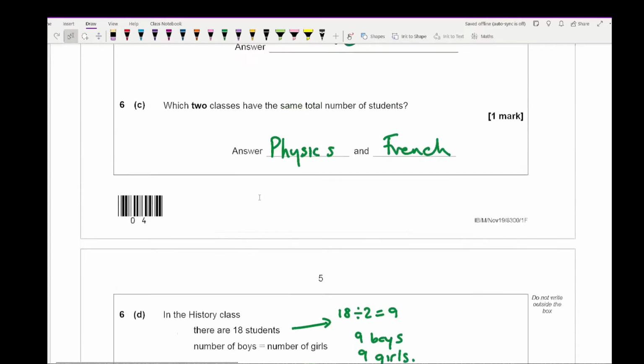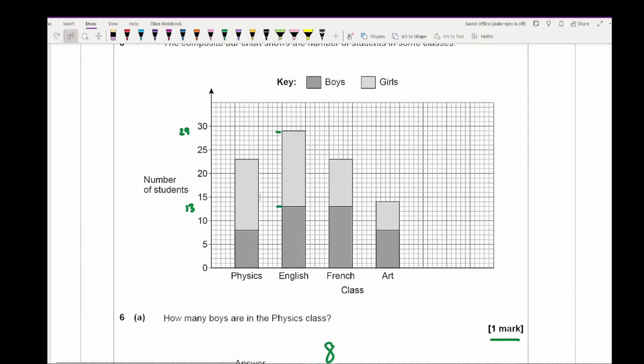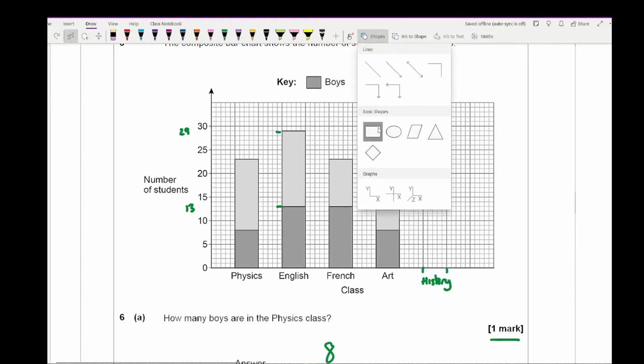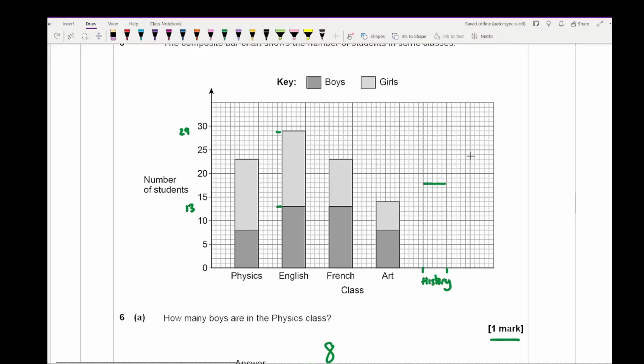So then going back to our graph, we just need to make sure that we've got the bars of the same width. I'm just writing history here, and I'm going all the way up to 18, which is there. And again, making sure you're using a ruler, trying to be as neat as possible when you're doing this. So again, just excuse the fact that this may take a while to do on the computer.